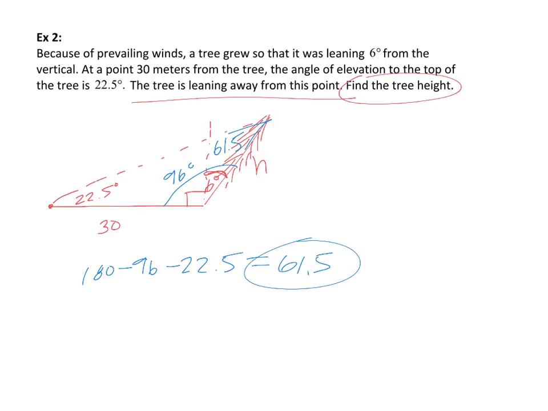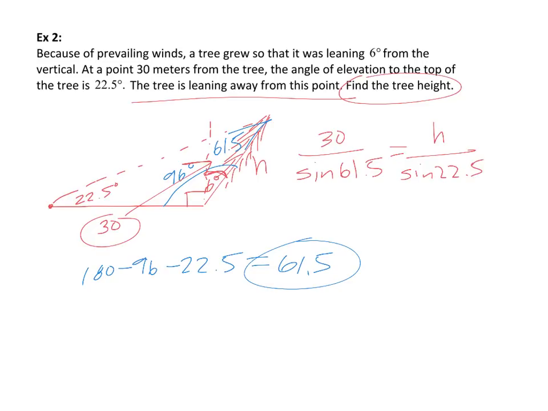I have this side, and I have the angle across from it. So applying law of sines, we have 30 over sine of 61.5 is equal to h over sine of 22.5.